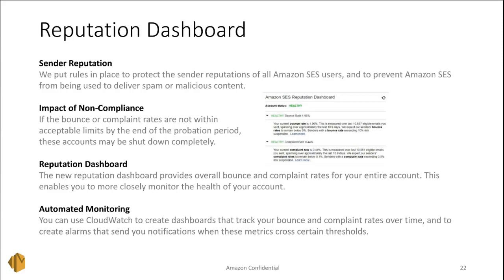And not only do we show bounce and complaints, but we also show other information like anti-spam notification. When a reputable IP anti-spam organization has reported that some of the content being sent from your Amazon SES account has been flagged as unsolicited or problematic by their systems, we expose that information for you as well.